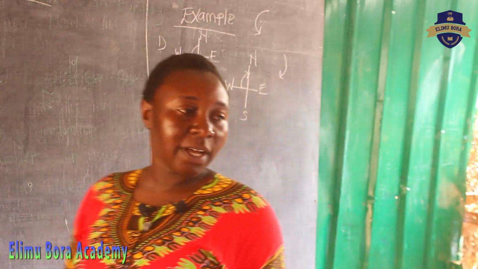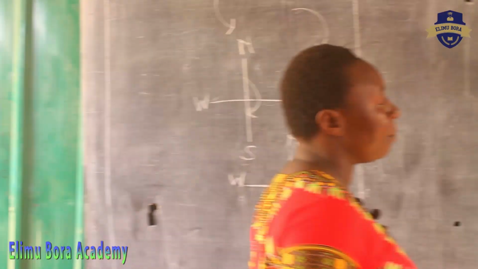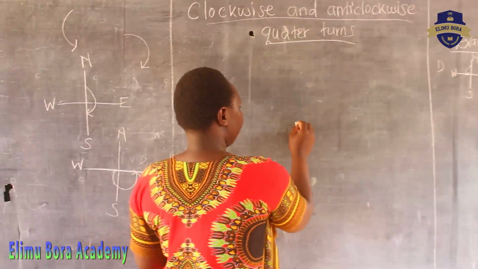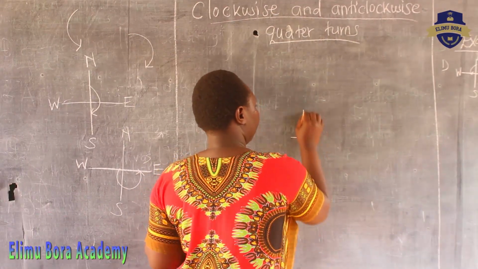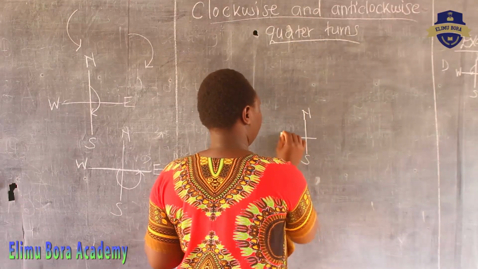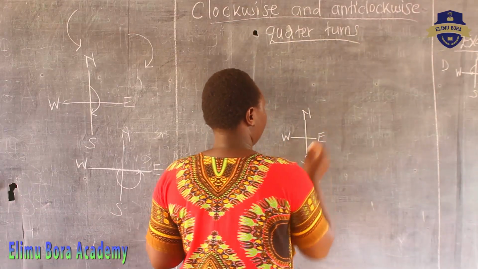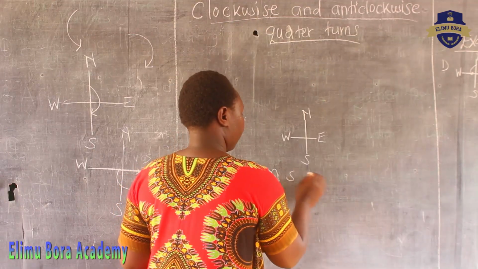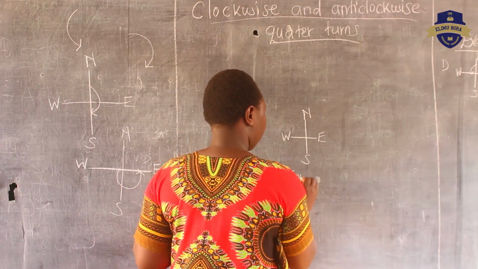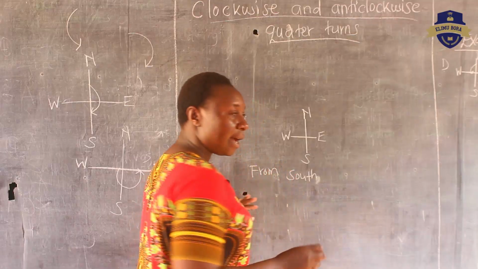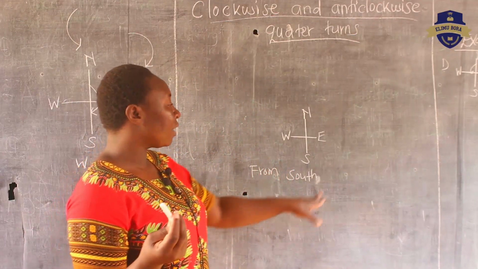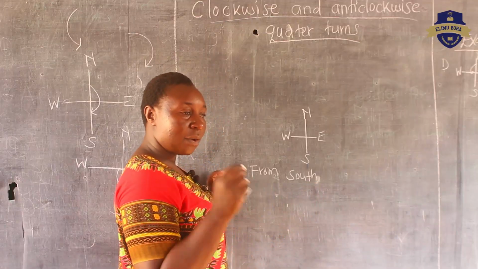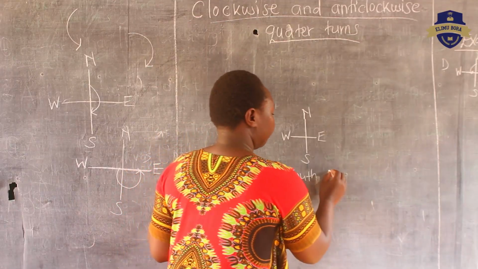So I want one person to come and make for me that movement. Let me draw it here for you. From south, come and make a quarter turn in the clockwise direction.